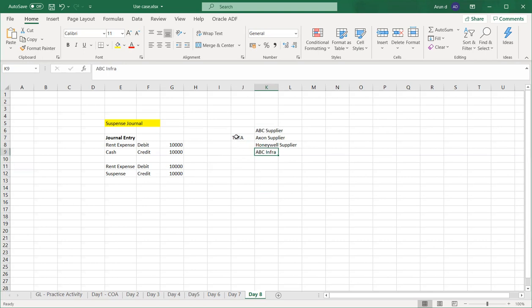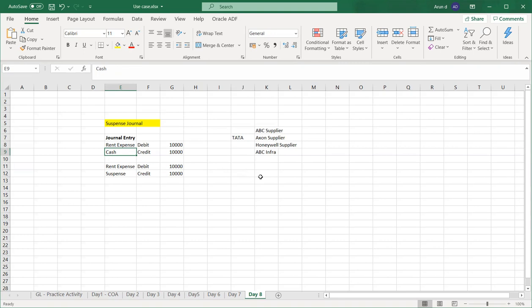Which means Tata will pay $10,000 every month to ABC Infra. So Tata is paying rent to this particular vendor, which means Tata is giving cash to ABC Infra. That is why we have this on the credit side.